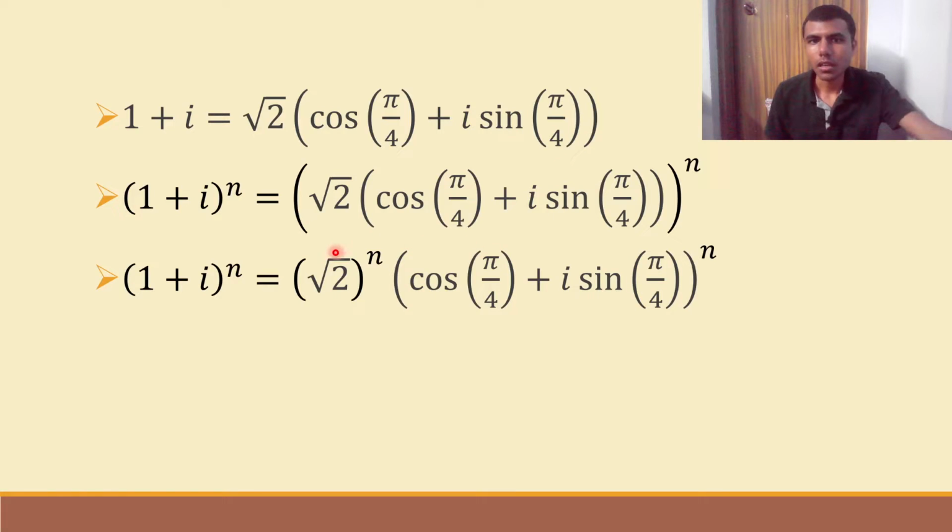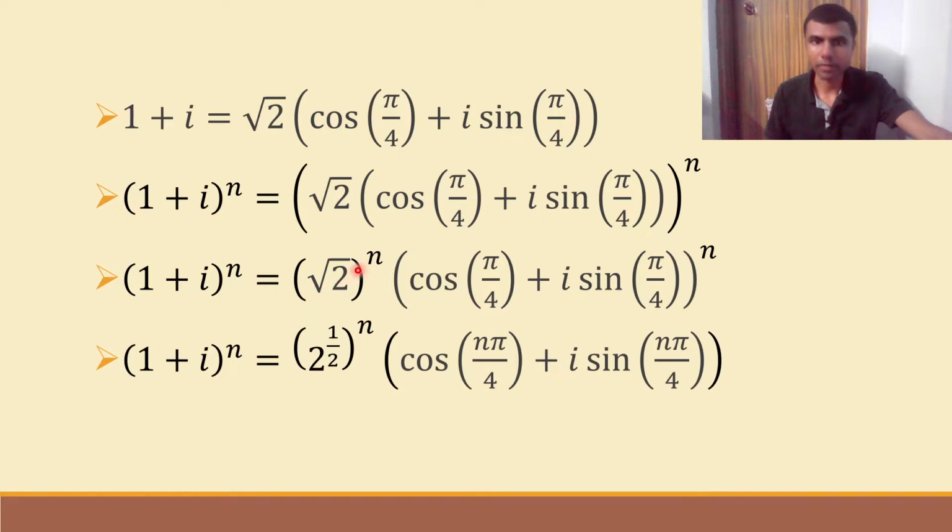Now listen to me carefully. Root 2 is nothing but 2 power 1 by 2. That's why I have it like this: (2 power 1 by 2) whole power n. Now here I am applying de Moivre's theorem. You can just write here, by de Moivre's theorem.